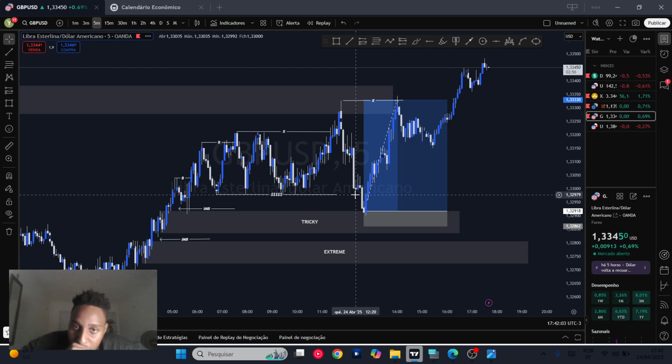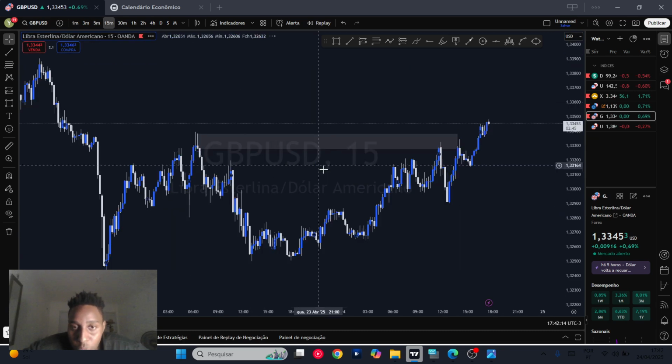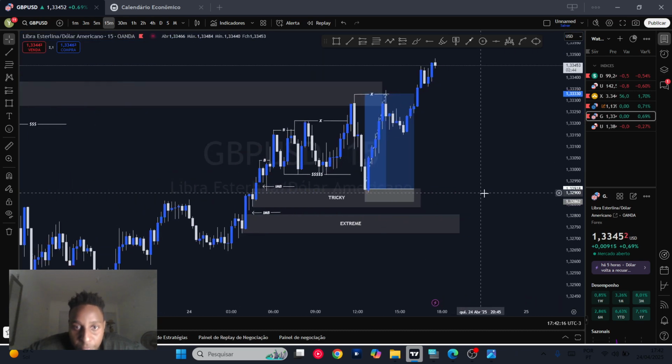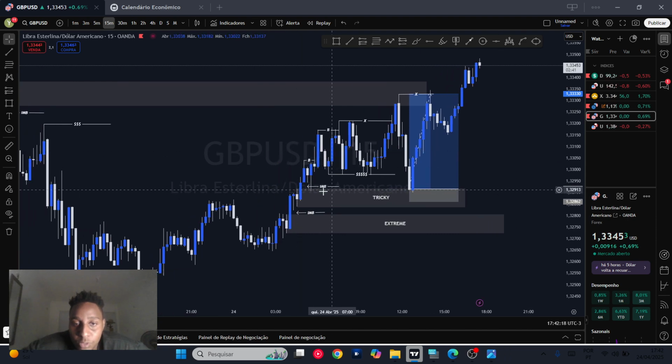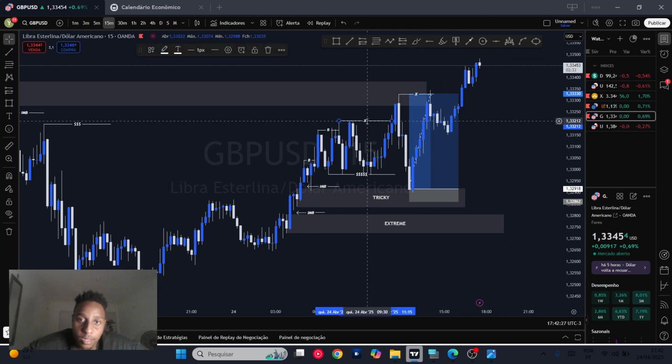Why? Because we are in an uptrend. I must look for buys. So price sold off, took this liquidity, and came here to our zone in the 15-minute time frame. So how does this look to you? First touch in the demand, second touch in the demand is a confirmation, and voila, price simply went to take profit.